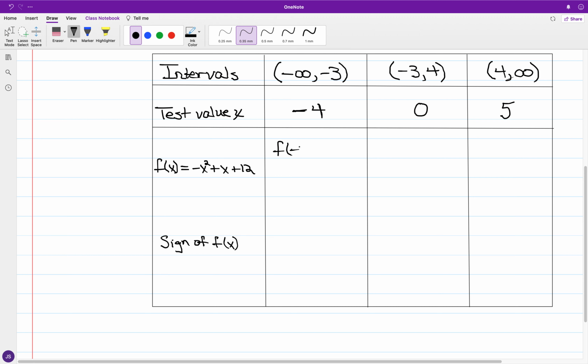Looking at the respective outputs, with x at -4, we have the negative of the square of -4, then plus -4, followed by the addition of 12.